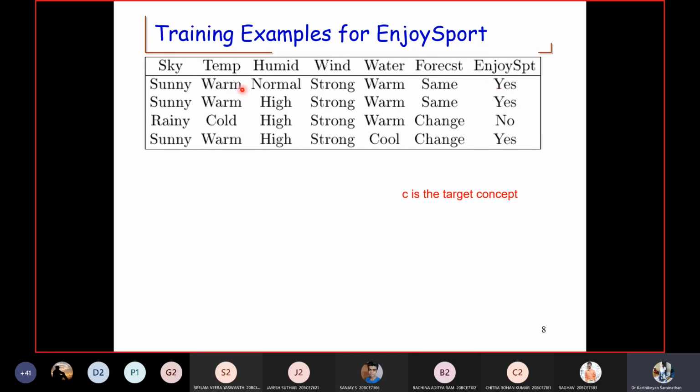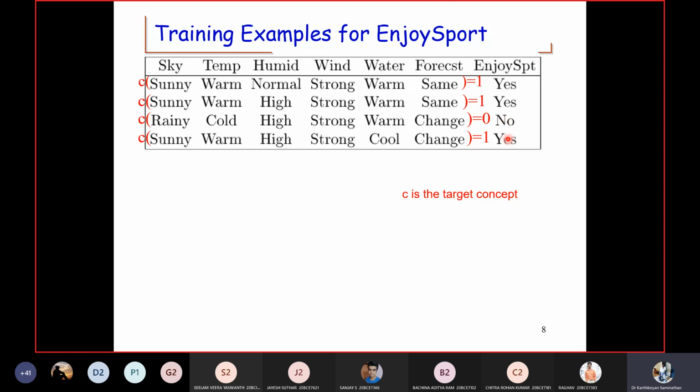Based on these 4 instances, we are going to predict whether yes or no will happen. What is the target concept? That is what C is all about. Note down, C is nothing but the target concept. Yes is positive, meaning he likes to enjoy the sports. When it is rainy and cold, then no one is likely to enjoy the water sports, so this is the negative test case.